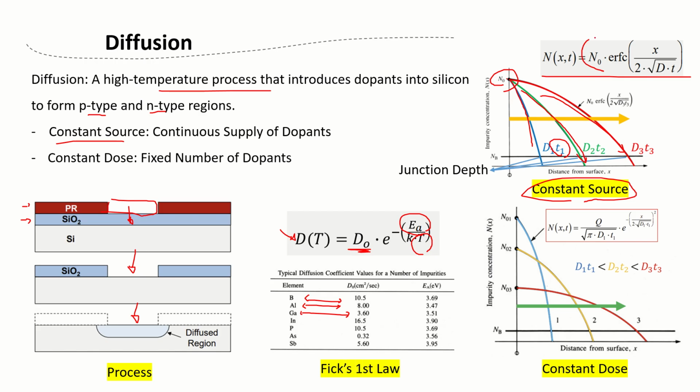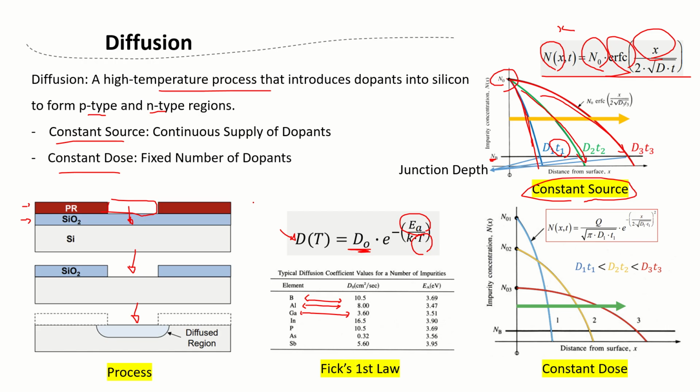If we have the surface concentration and the concentration at location x, we can know how deep this diffusion will be by the arc function table, and we'll talk about it on a later slide if you're interested. Junction depth is the intersection of the background NB with the profile over here.